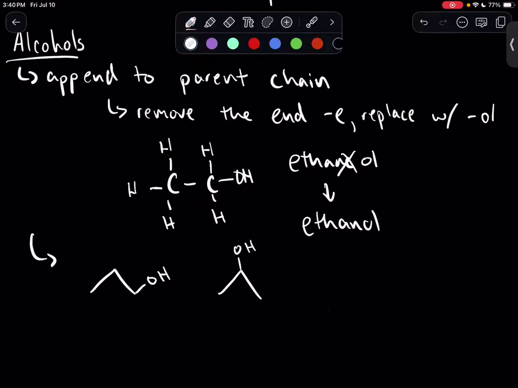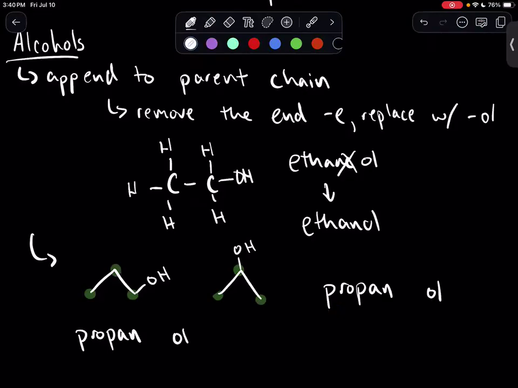So both of these have 3 carbons, and I'll go ahead and highlight them. So these are both prop and prop. These both have single bonds, so they're propanes, but we are not going to add the E. Instead, we have -ol.